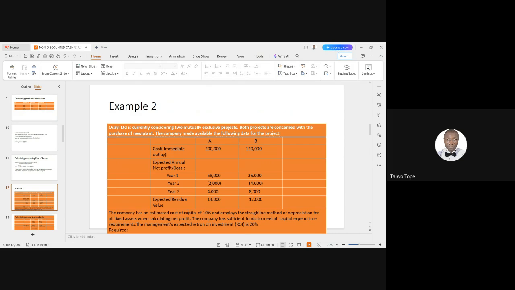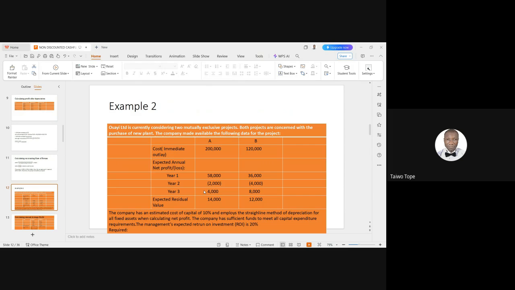The company has an estimated cost of capital of 10%, and employs the straight line method of depreciation for all fixed assets when calculating net profit. The company has sufficient funds to meet all capital expenditure requirements.